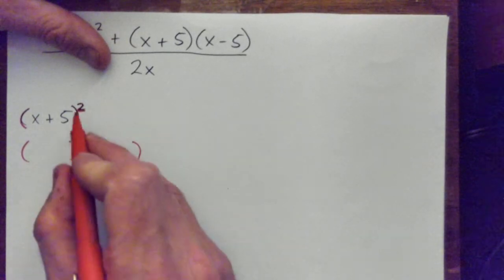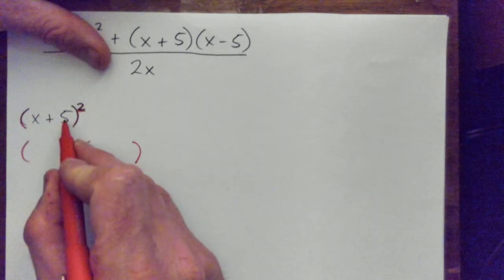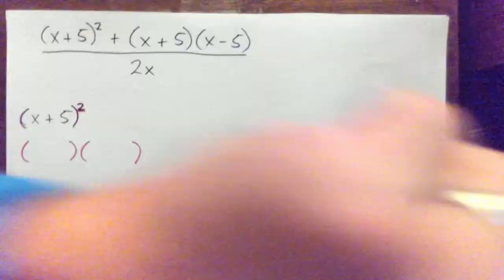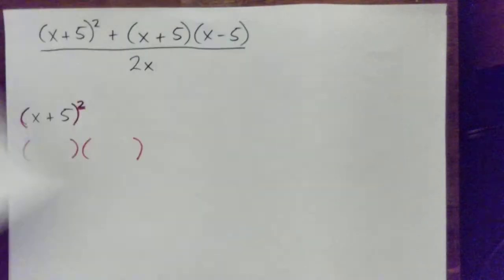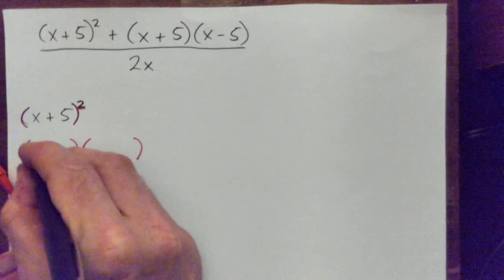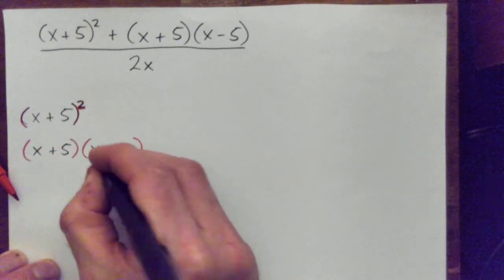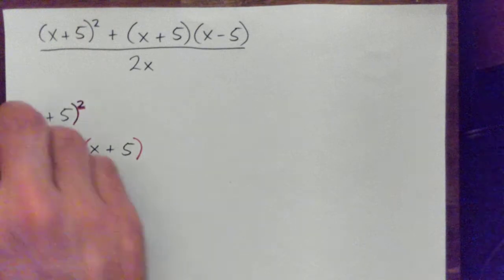Because if you just stick a squared and get x squared plus 25, that's just not the correct answer. Did you all know that? So that is probably the biggest mistake there. So my point is that we're actually supposed to do this, and let me explain why.